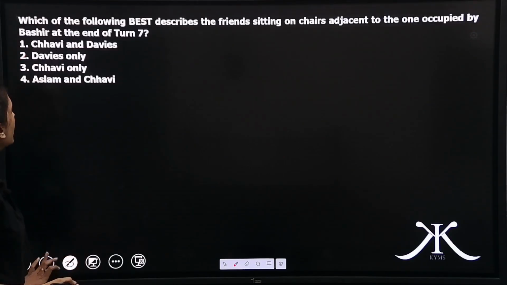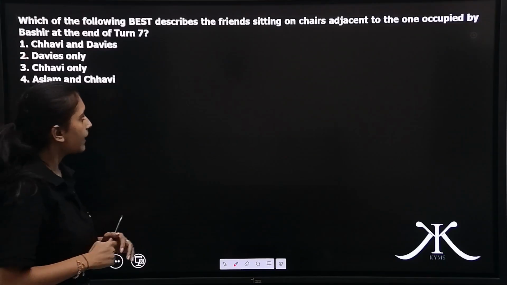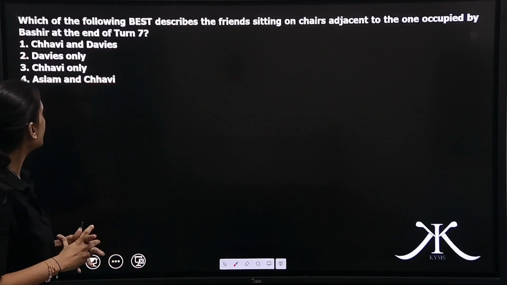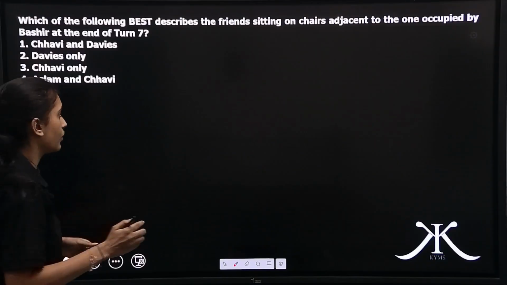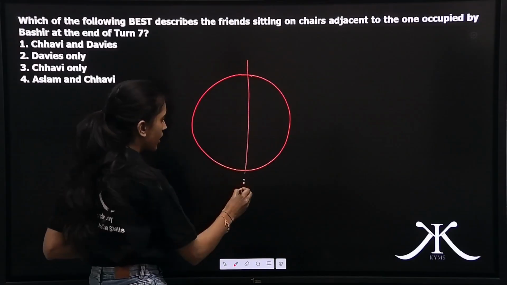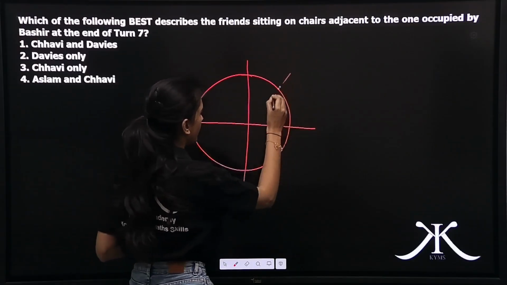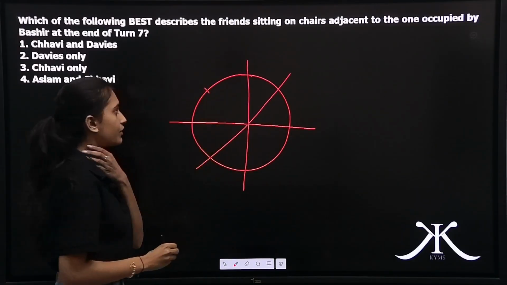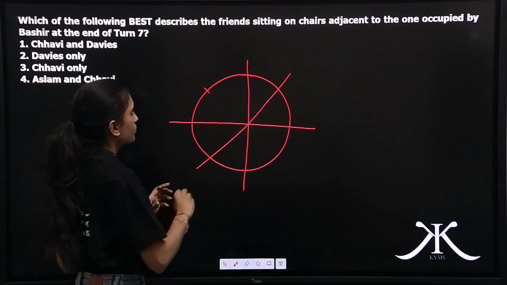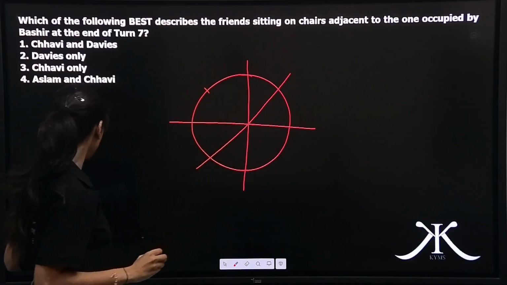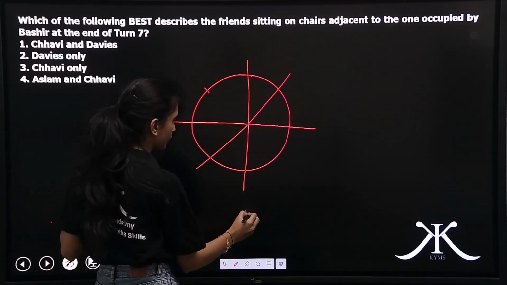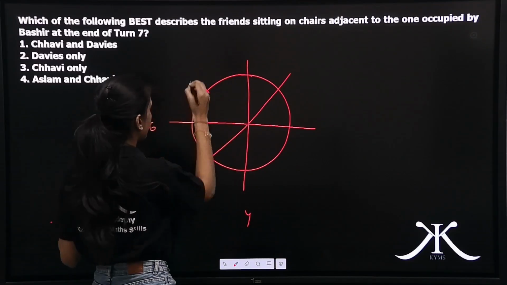Now, which of the following best describes the friends sitting on the chairs adjacent to the one occupied by Bashir at the end of turn 7? We made the arrangement till turn 6. Now, at the end of turn 7, C will move. This is 4, this is 5, this is 6, and this is 7.